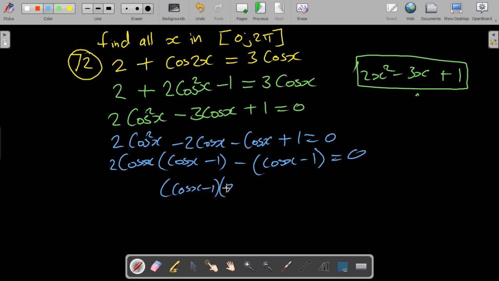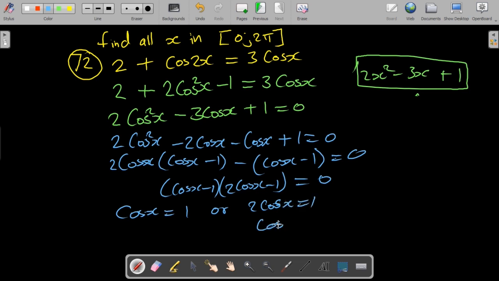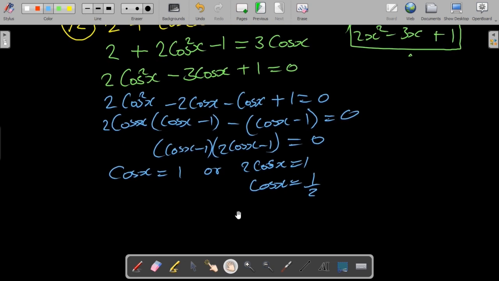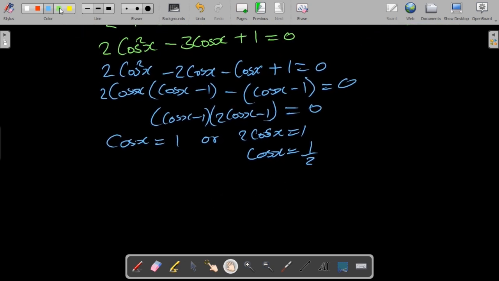And I'm left with 2 cosine minus 1 from there. This equals 0. I now have cosine x equals 1 or 2 cosine x equals 1. So on this side, this is the same as cosine x equals a half. From this, I can now find the general solutions.